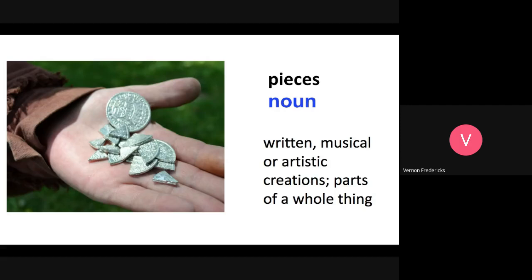And artistic creations, when somebody draws a picture, today they will finish the feet, tomorrow they will finish the face, tomorrow or the day after tomorrow they will finish the arms. Yes, so those are small little pieces that the artists finish, and then we get the whole picture. Okay, so this is pieces. Okay, it's a noun. In the singular it is a piece. Yeah, plural, pieces.